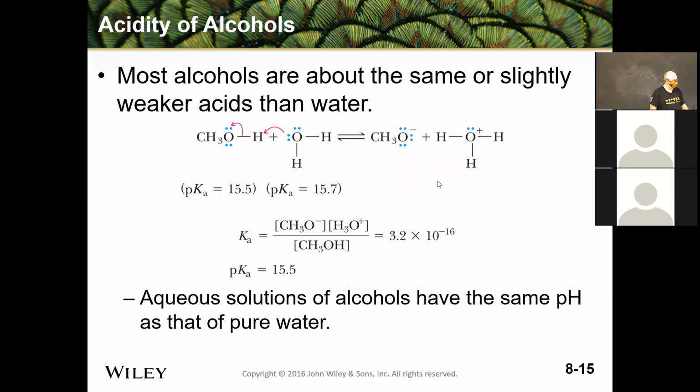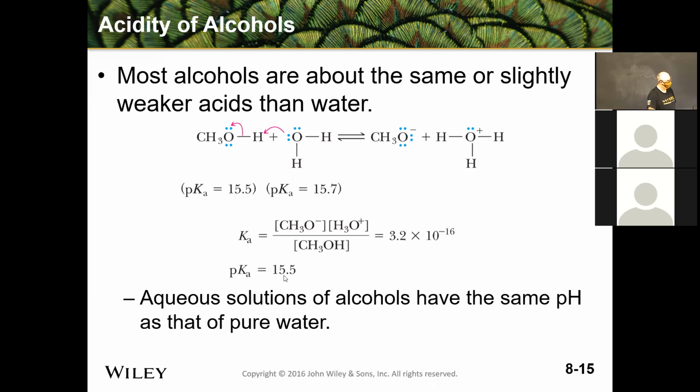As far as acidity of the OH hydrogen, alcohols are going to be pretty similar to water as far as their acidity. For example, the pKa, which is a measure of how strong the acid is, for water it's 15.7.